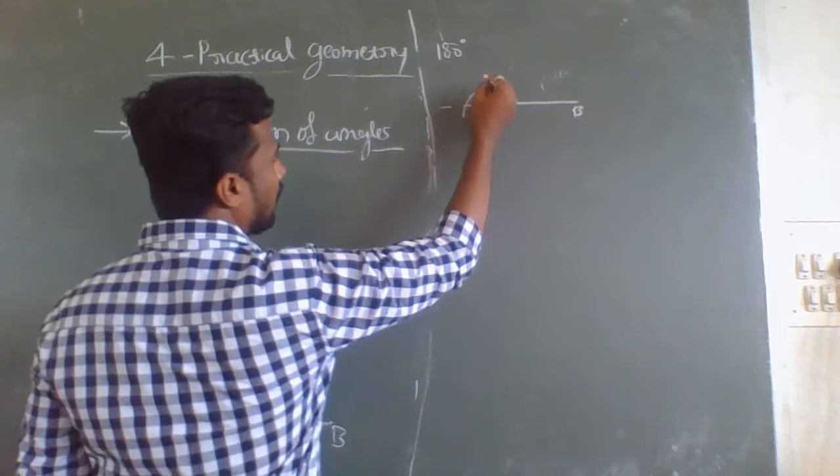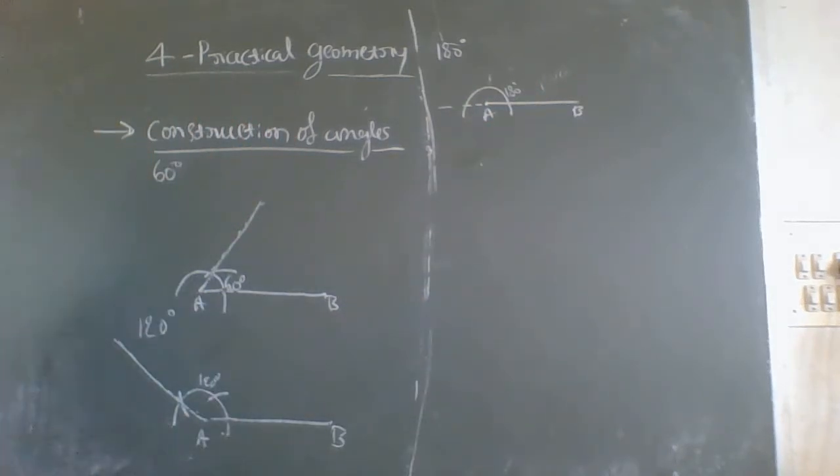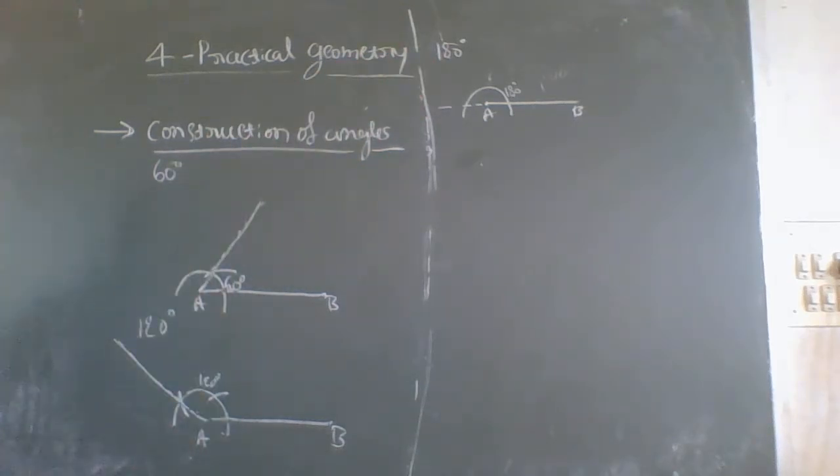So this complete angle is 180 degrees. Now we know how to draw 60 degrees, 120 degrees and 180 degrees.